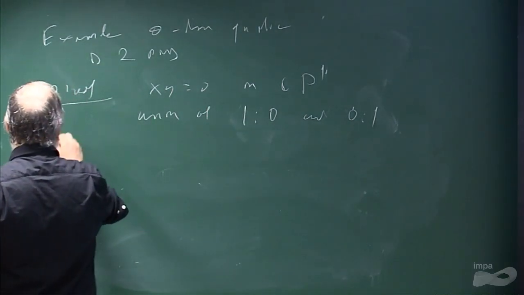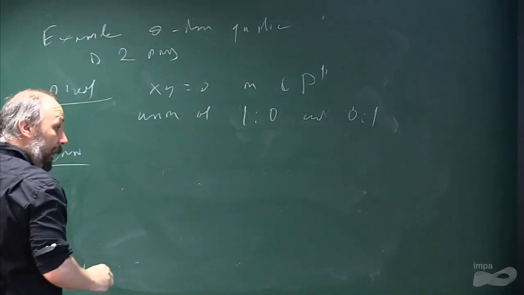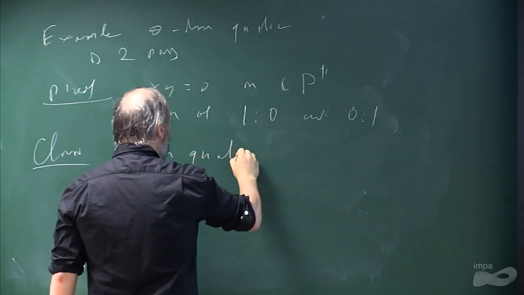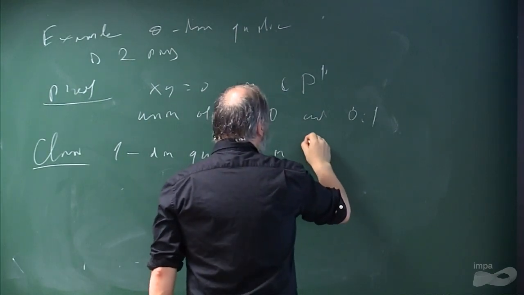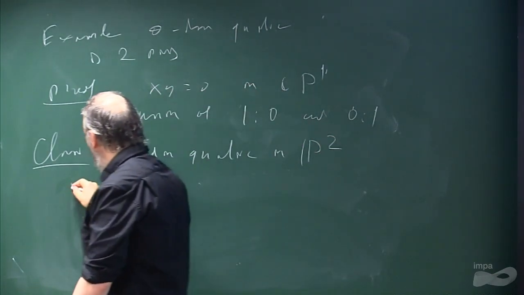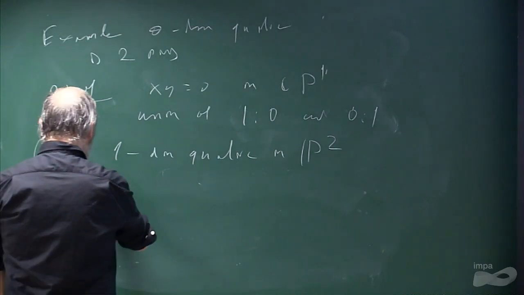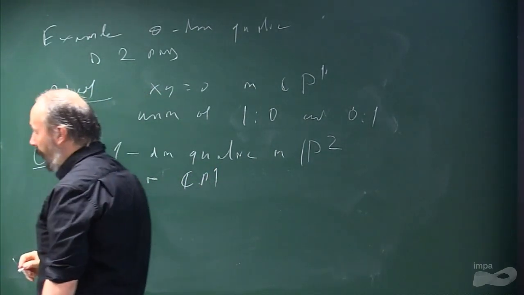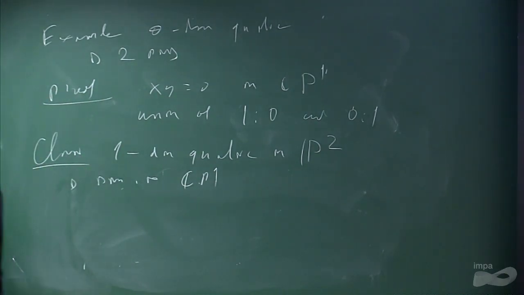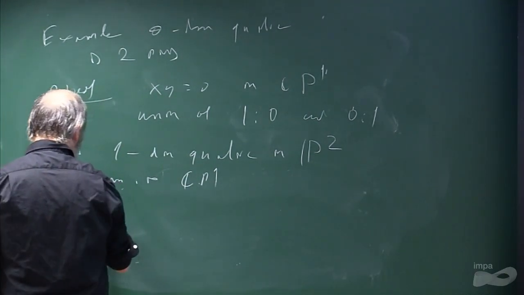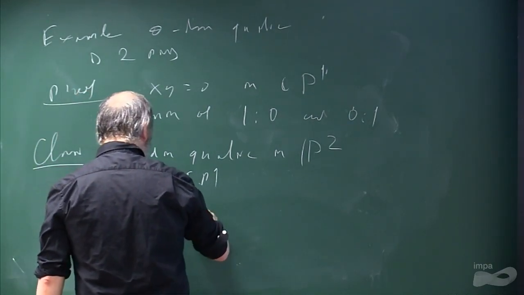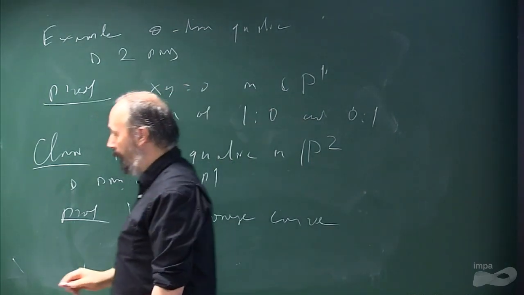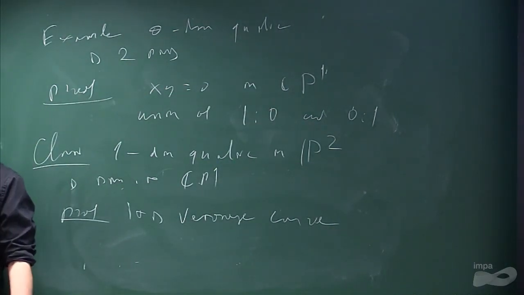Okay, now claim: a one-dimensional quadric in P^2 is isomorphic to CP^1. This is because it is the Veronese curve, obtained by this embedding.